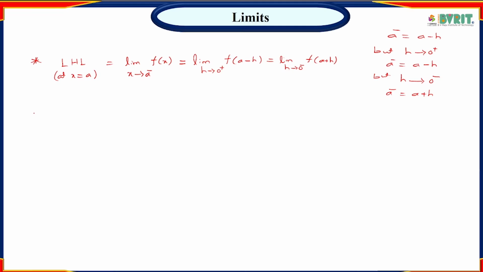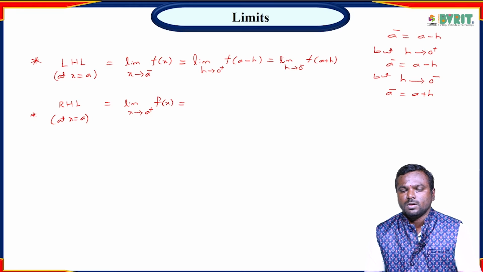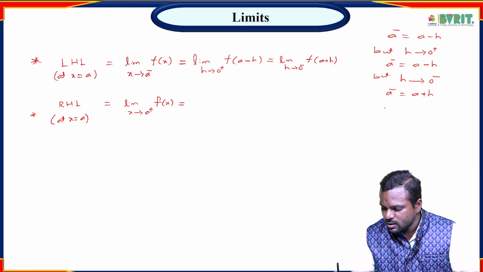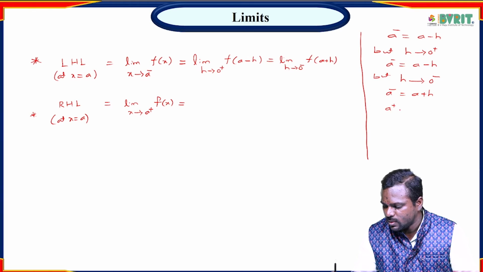The next one is the right hand limit. The right hand limit at x is equal to a is limit x tends to a plus f of x. The same thing here, a plus is nothing but a plus h.